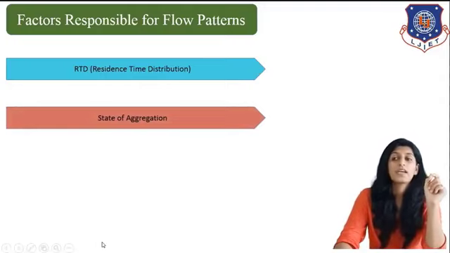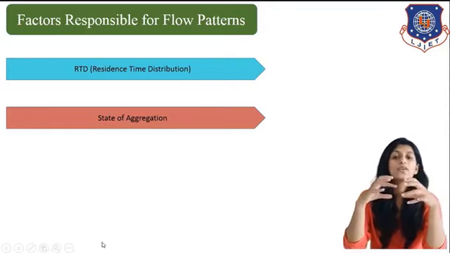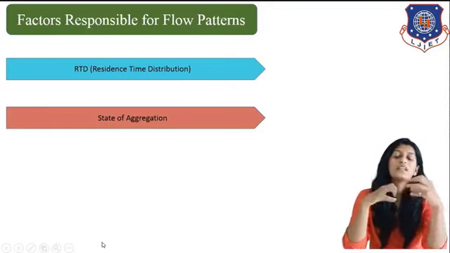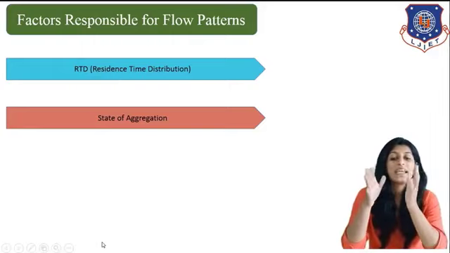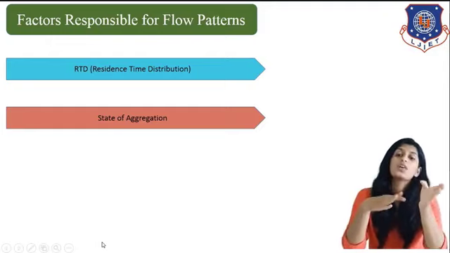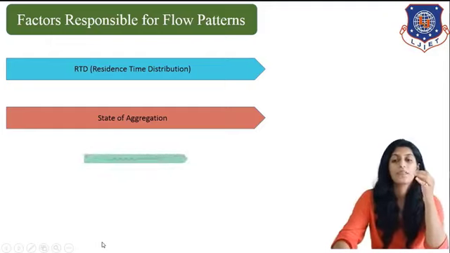State of aggregation basically refers to how the molecules are attached with each other, whether there are lumps, or there is proper mixing of molecules, or there is proper spacing between different molecules, right? So state of aggregation also governs the flow pattern.